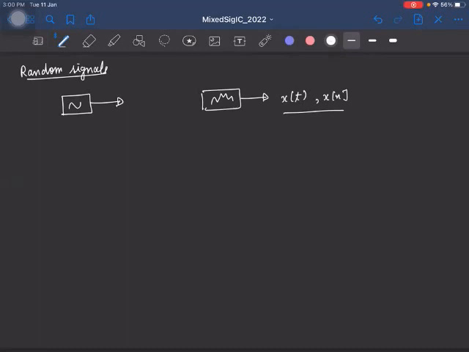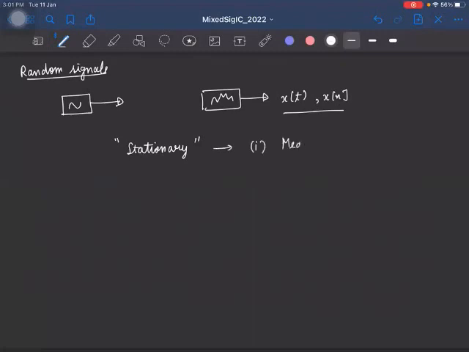So in practice, we deal with a special kind of random signal called stationary random signals. Again, I'm using this word stationary in a very loose sense. For these stationary signals, although x of t and x of n keep changing every time we record the signal, what remains constant are the following.